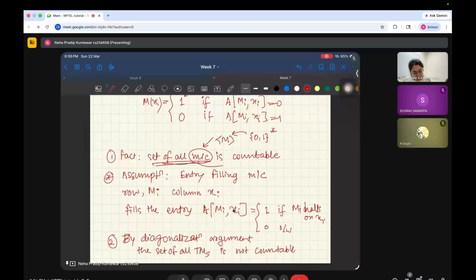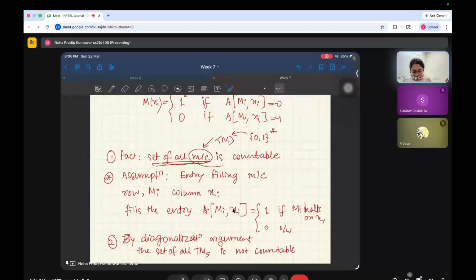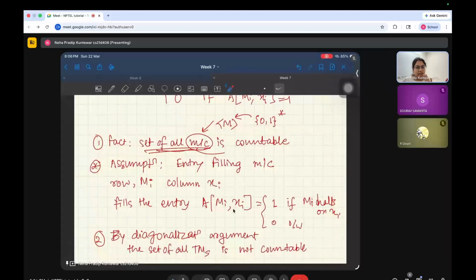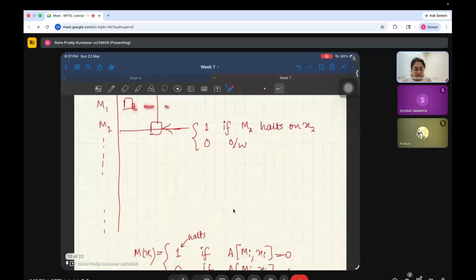So, this whole box is the entire argument for us. We started with, we know for a fact that the set of all machines is countably infinite. Then we assume that there is an entry filling machine, because of which we can nicely write these 1 0 values.